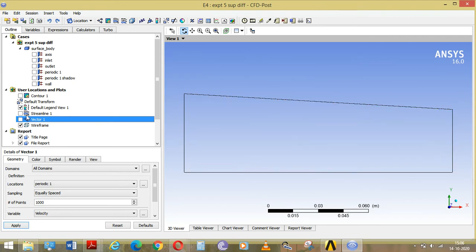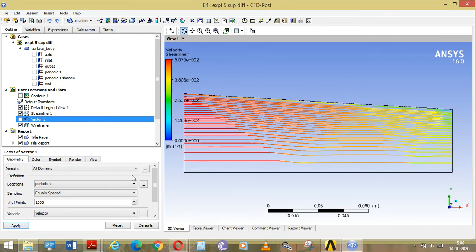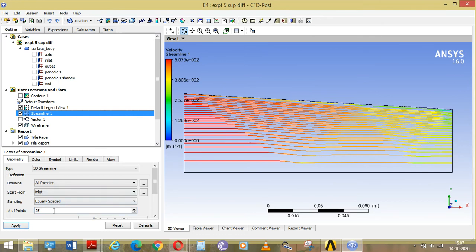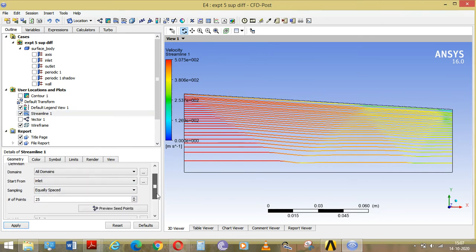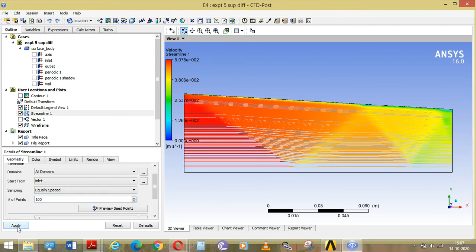And there is streamline too. Streamlines are also good to see. I will increase to 2000. Sorry. There were 25. I will increase to 100. Okay.